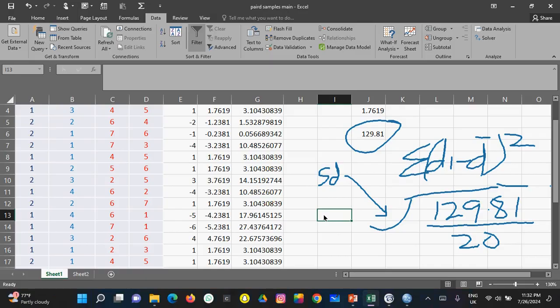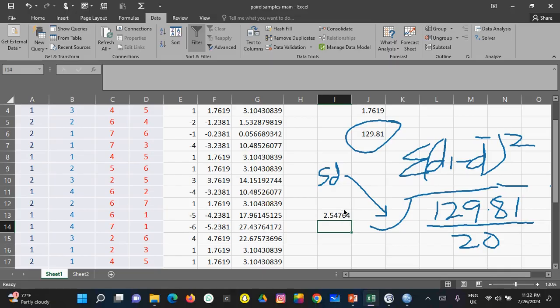So now this is going to be equal to the square root, SQRT, my bad. So you can take this divided by 20, right? That's it. This formula is what I've entered in Excel.